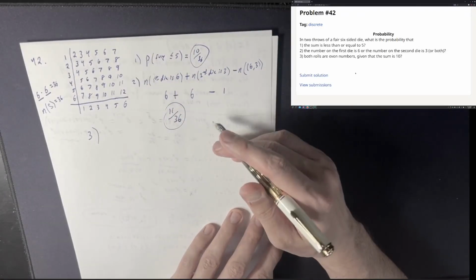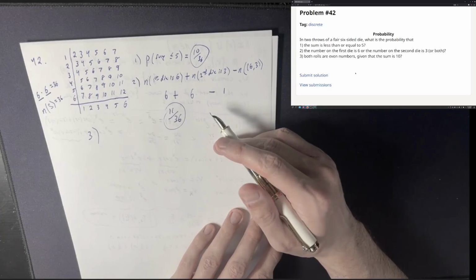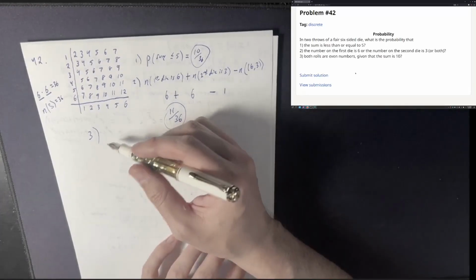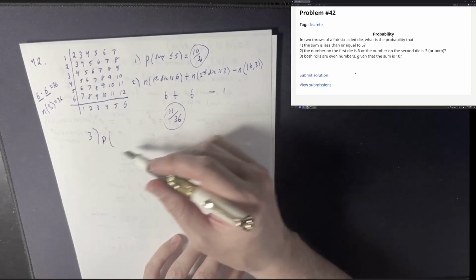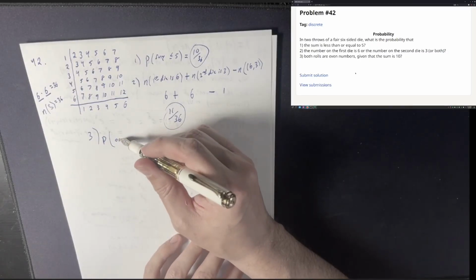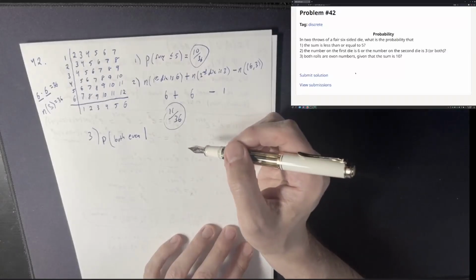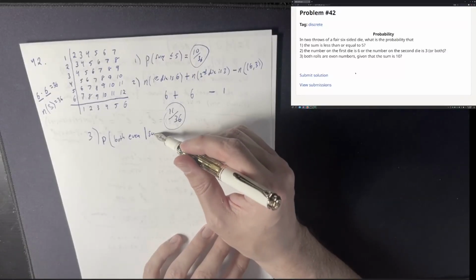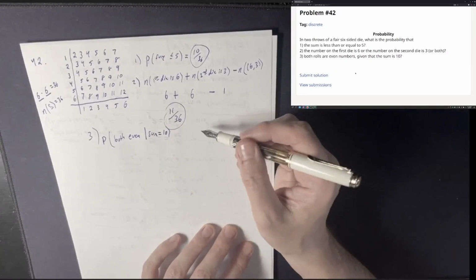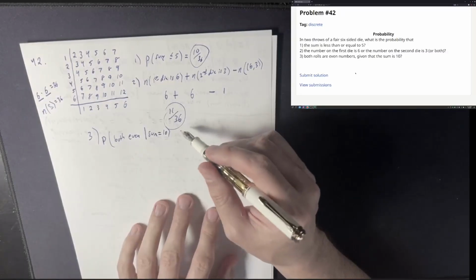What's the probability that both rolls are even, given that the sum is 10? So this is called a conditional probability. Usually you write this like both even, and then you put a little vertical bar here saying given that the sum is 10. There is a formula for this.